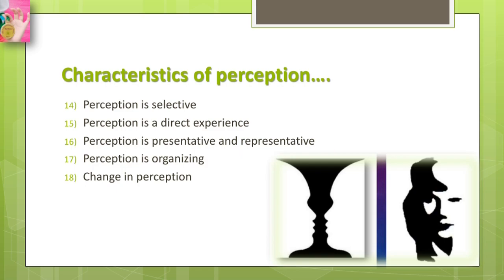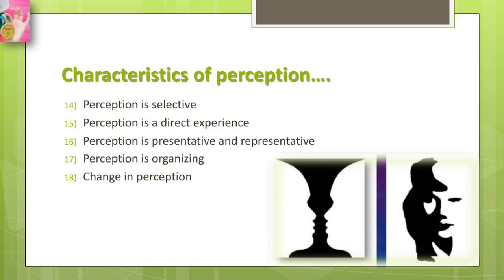Perception involves organization, and organization facilitates perception. According to Murphy, proper organization is necessary for understanding of a thing. And perception is not a simple juxtaposition of sensory elements, and it is fundamentally organized into coherent wholes.